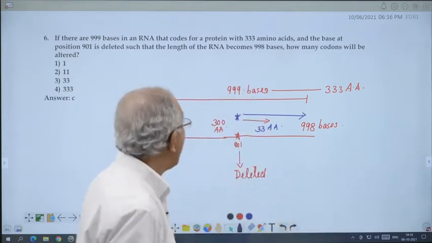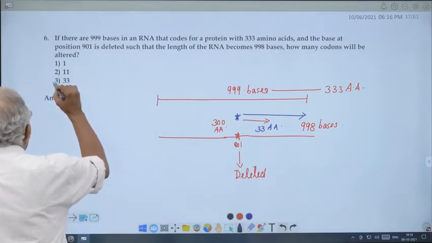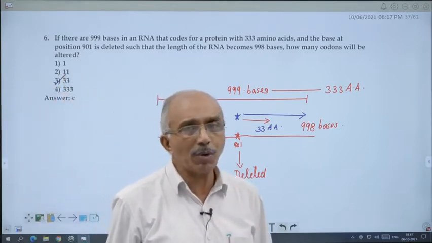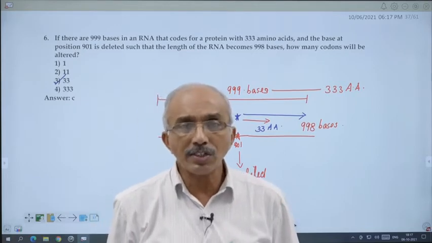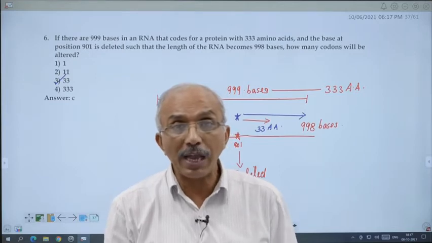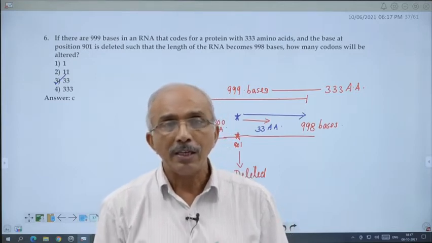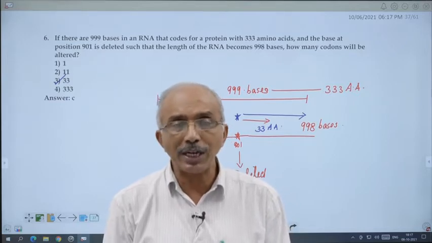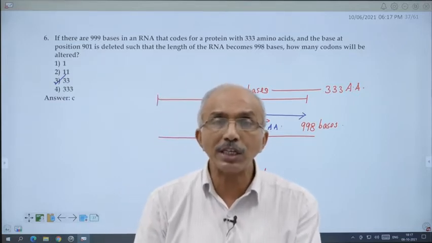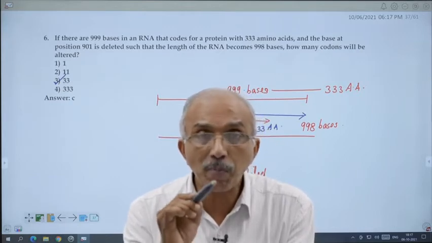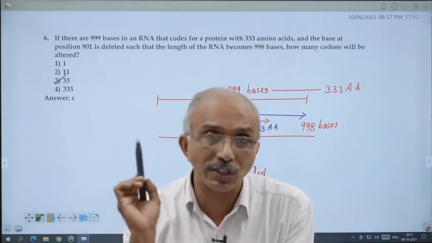The answer is 33 amino acids will be affected, because single base deletion results in frame shift mutation, a mutation that affects from the point of mutation onwards.